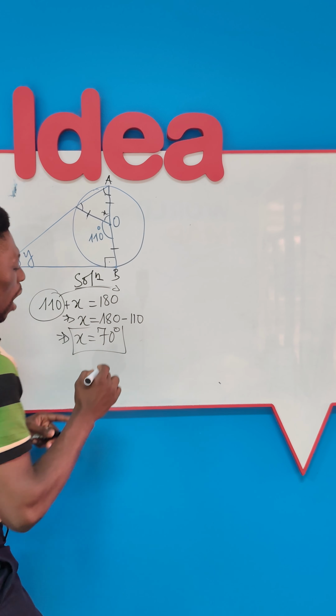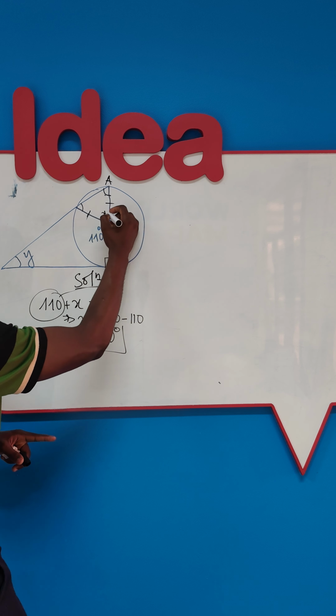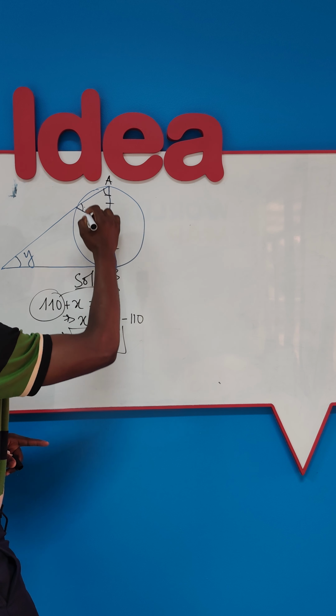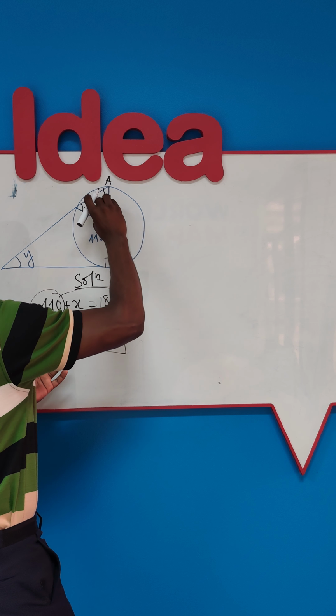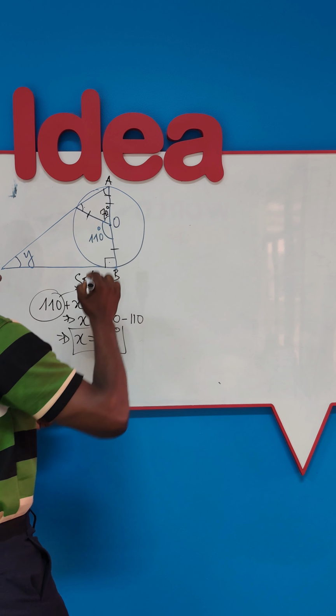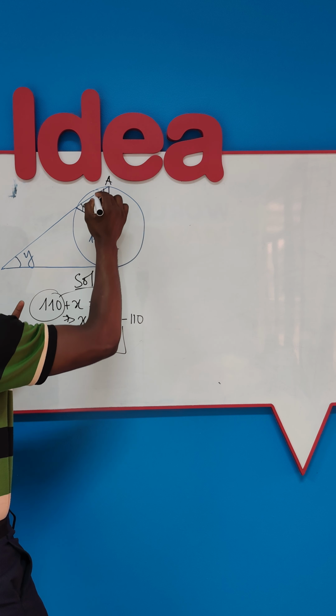Now that we have our x, what do we do with this information? This x degrees here, plus this and then plus this should sum up to 180. Now that we have x, I'm going to substitute it here by its value and write here 70 degrees. Now, let's call this, I don't know, maybe A. And this should be A, okay?